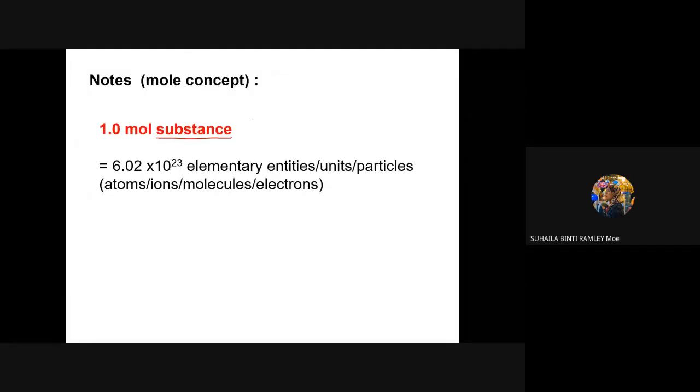For example, 1 mole of copper atoms equals 6.02 × 10^23 copper atoms. What other example of substance? 1 mole of copper 2+ ion also equals the Avogadro constant of copper 2+ ions.